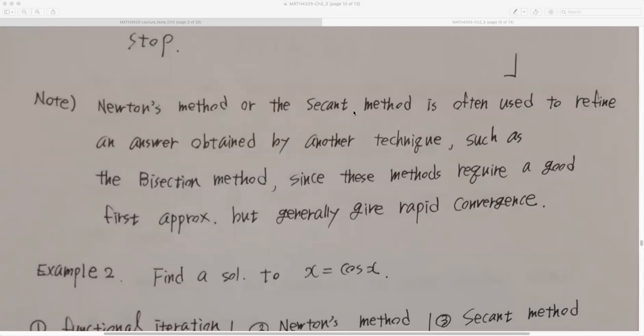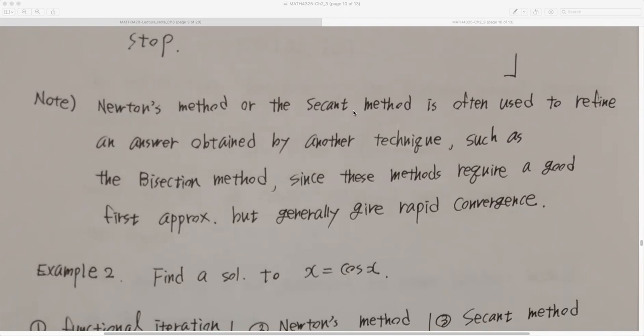Even though the secant method overcomes one of the drawbacks of Newton's method, which is requiring the derivative, both methods still have a con: they both require a good approximation.